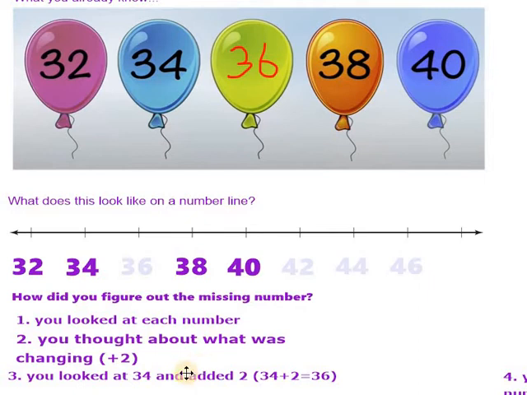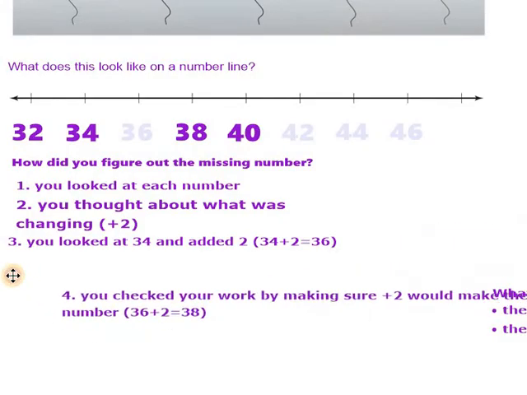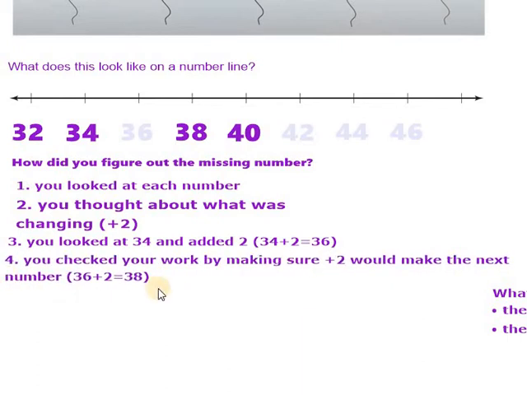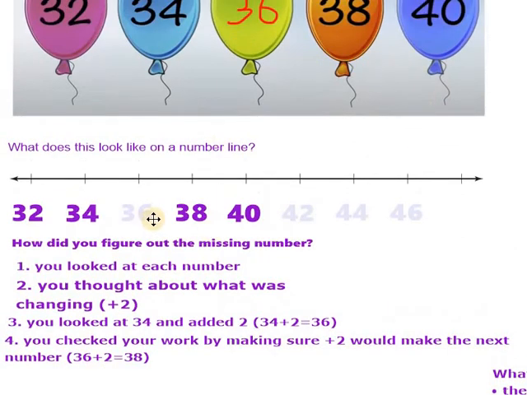Then you looked at the 34 and you added 2. 34 plus 2 makes 36. And then you probably checked your work by making sure that plus 2 would make the next number. That would be 36 plus 2. 36 plus 2 makes 38.